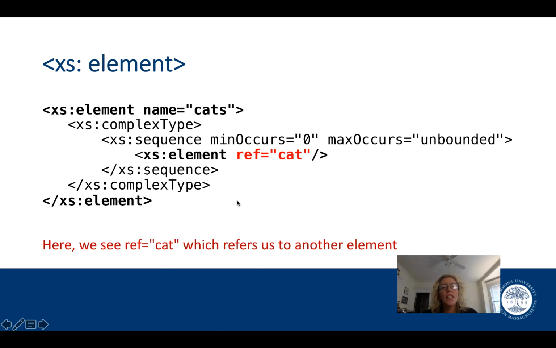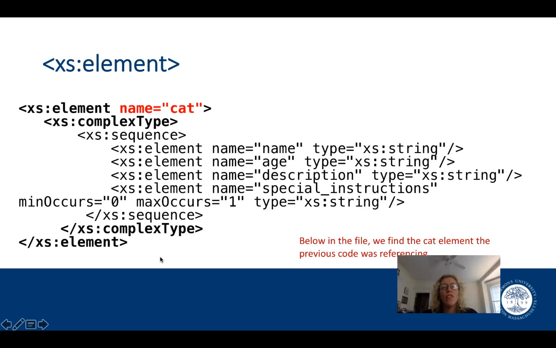Here we see that ref equals cat. This refers us to another element. Below that, we will find the cat element that the previous code was referencing.